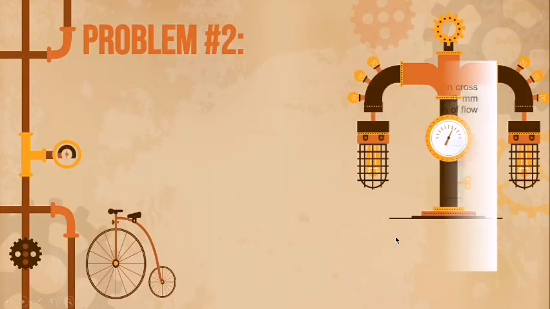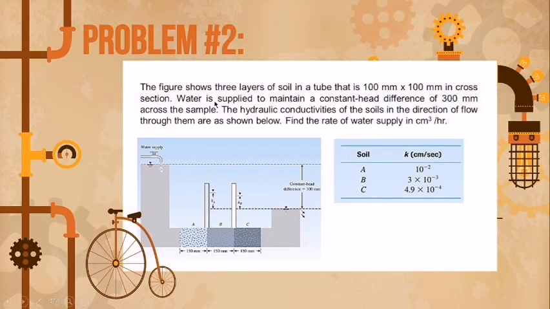So in problem number 2, the figure shows 3 layers of soil in a tube that is 100 by 100 mm in cross section. Water supply maintains a constant head difference of 300 mm across the sample. So this is the 300 mm, a constant head difference.